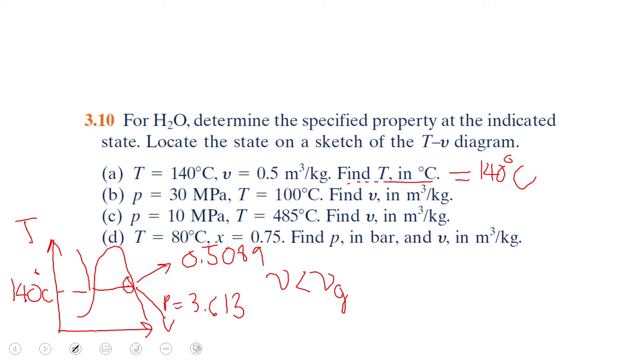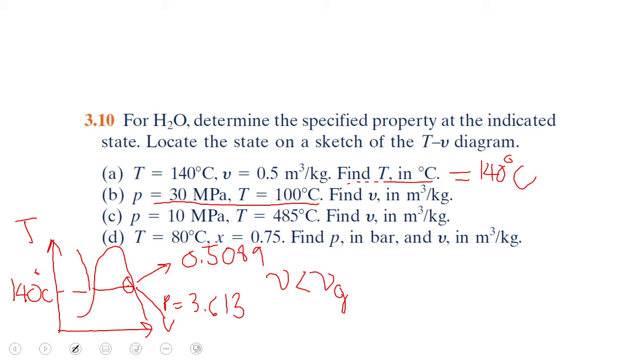Now part B. Pressure of 30 megapascal and a temperature of 100 degrees Celsius. So it's a very high pressure. If this pressure was 1 bar and this was 100 degrees Celsius, then it would have been boiling water.